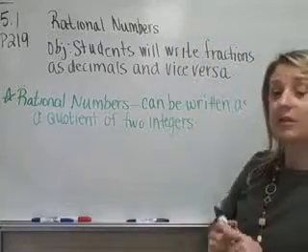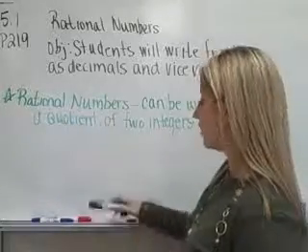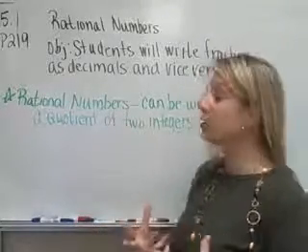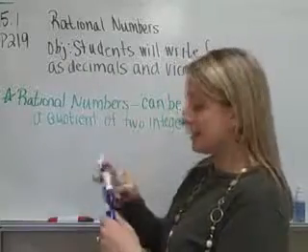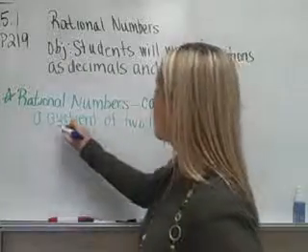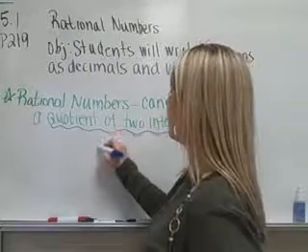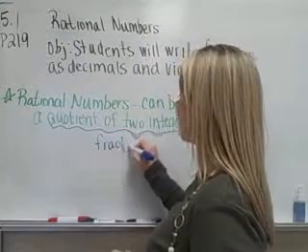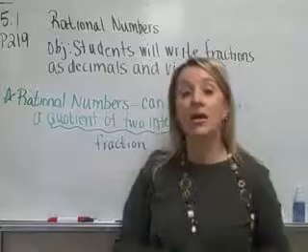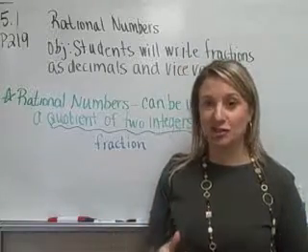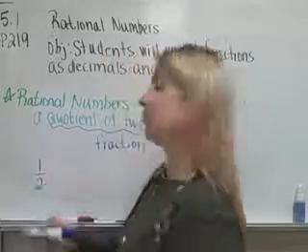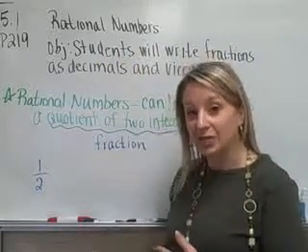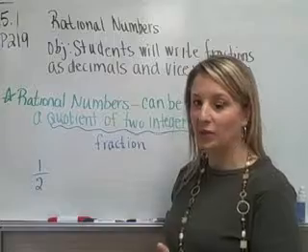So let's talk about exactly what that means. First of all, quotient usually refers to division, and then of two integers. What they're really saying is that a rational number would mean that it can be written as a fraction. Okay? So any number that you can write as a fraction would be considered rational. For example, 1/2. That is already a fraction, so yes, of course, that is rational.